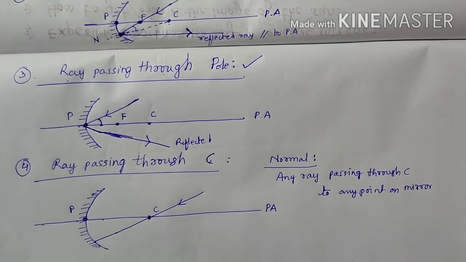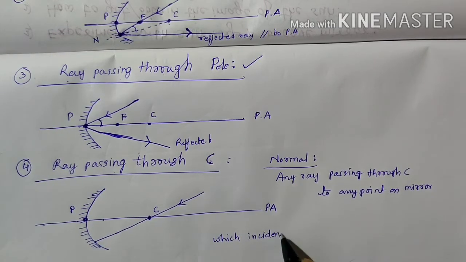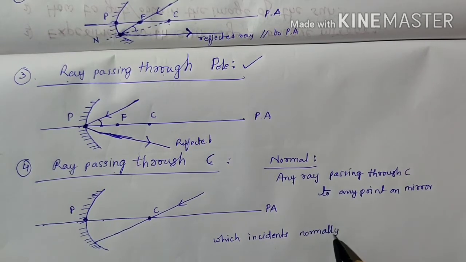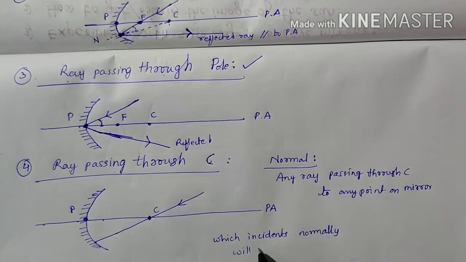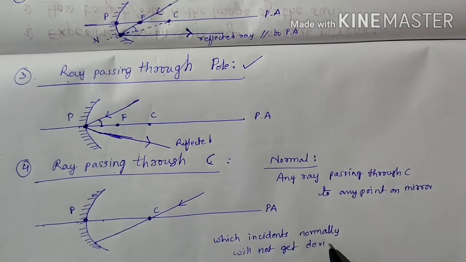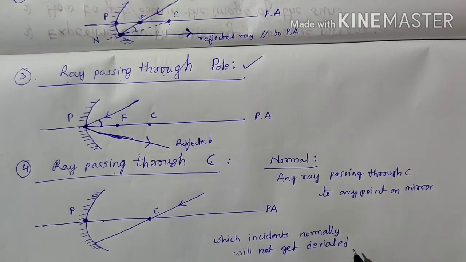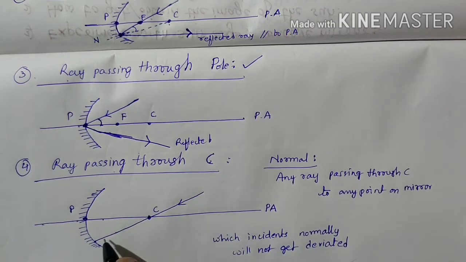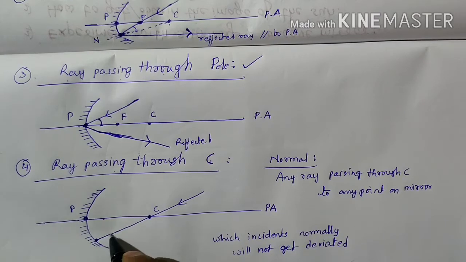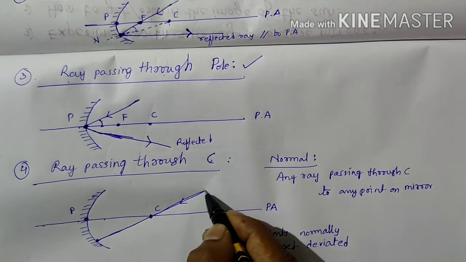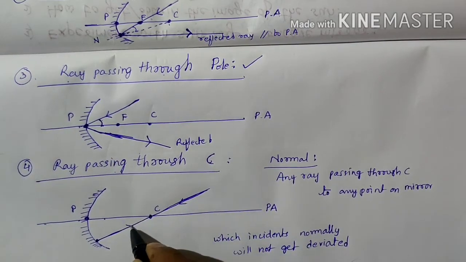Any ray which is incident normally will not get deviated. That means the ray will be reflected in the same path.